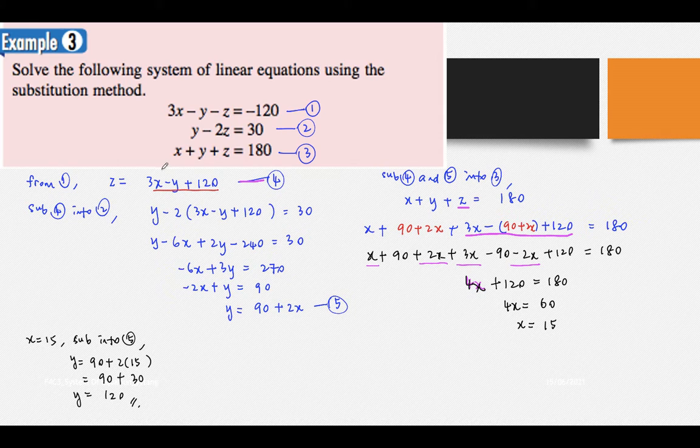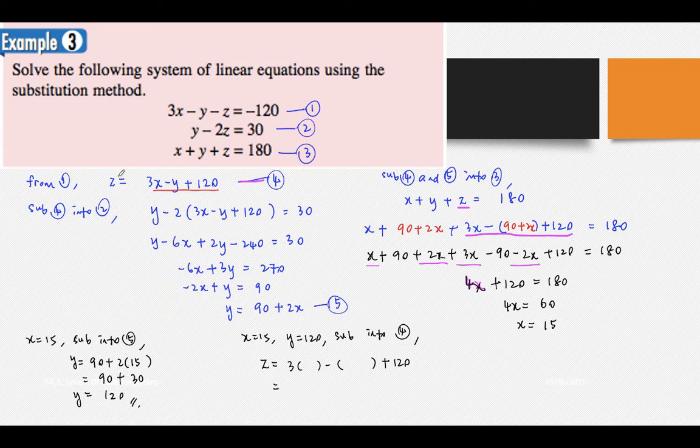So lastly, I can find Z. When X equals 15, I copy it back, Y equals 120, you substitute into equation 4. So Z, equation 4 is Z equals 3X minus Y plus 120.